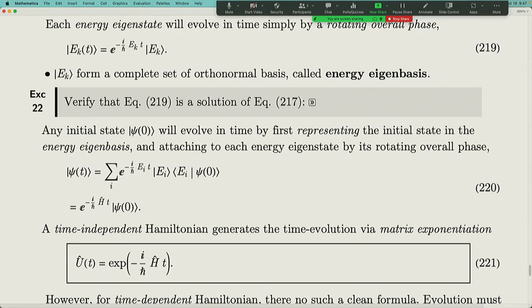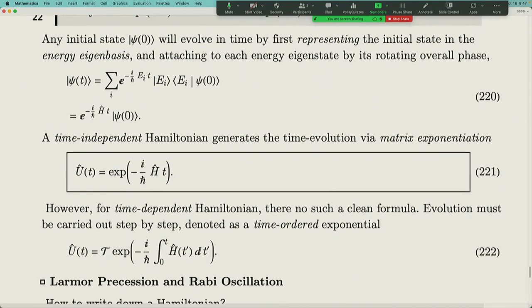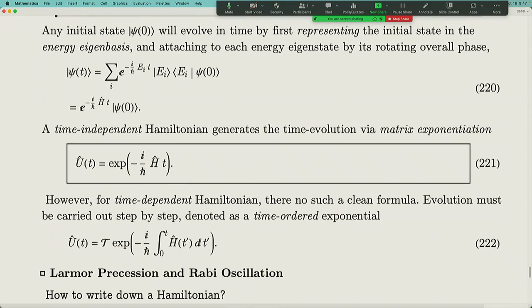This is not element-wise; it's on the matrix level. On the matrix level just means that in the energy eigenbasis, the Hamiltonian is diagonal, and you just raise every diagonal component to the exponential like that. Okay, so that's the idea.